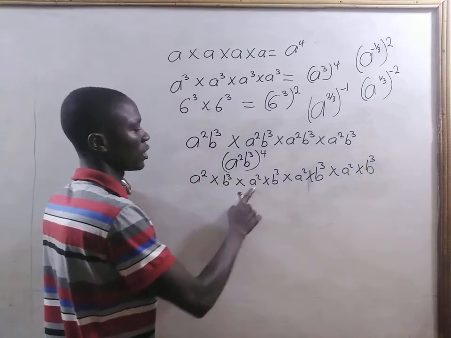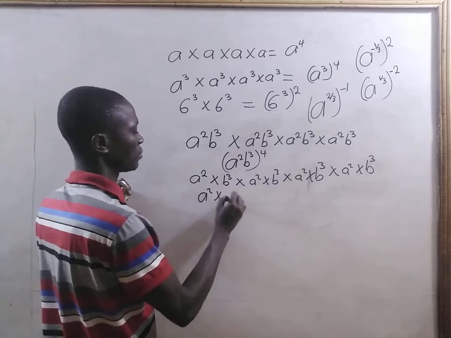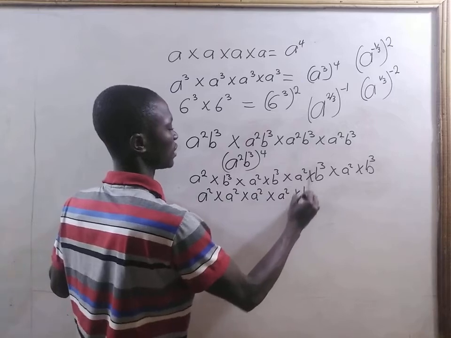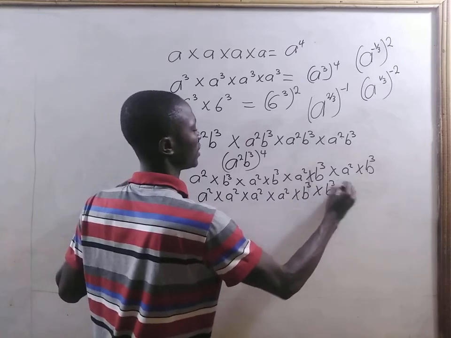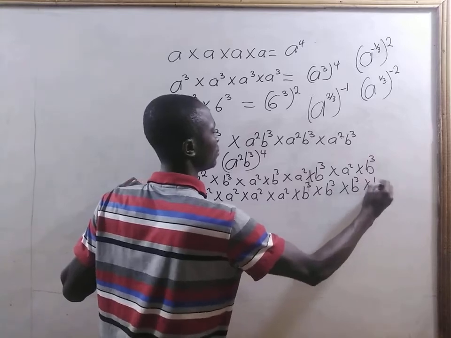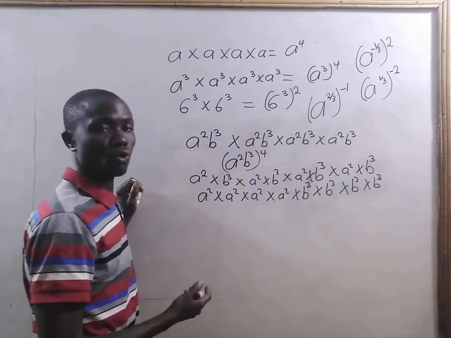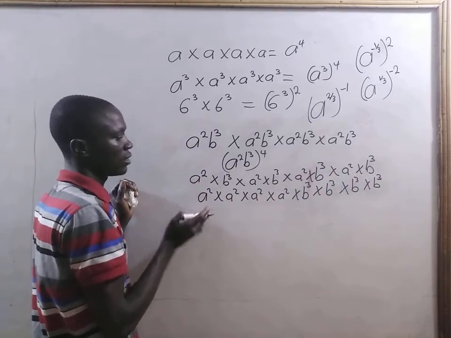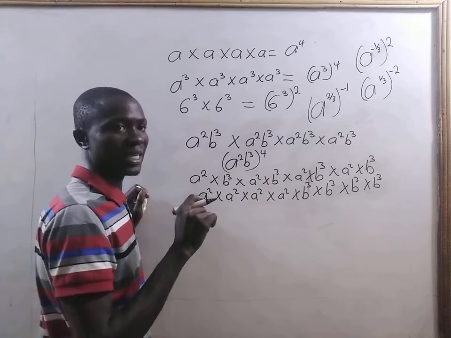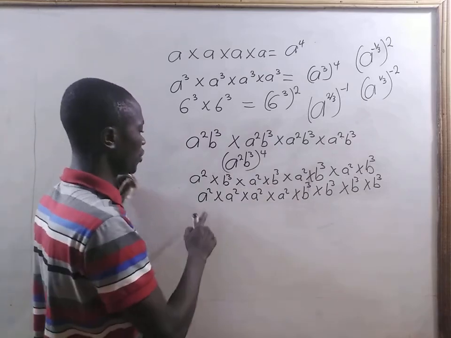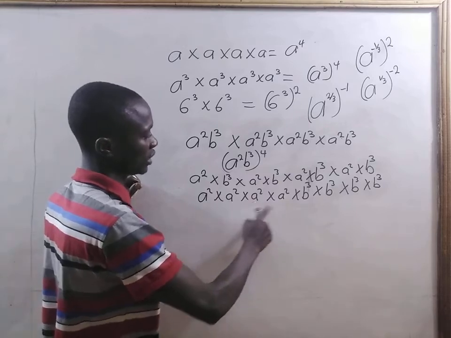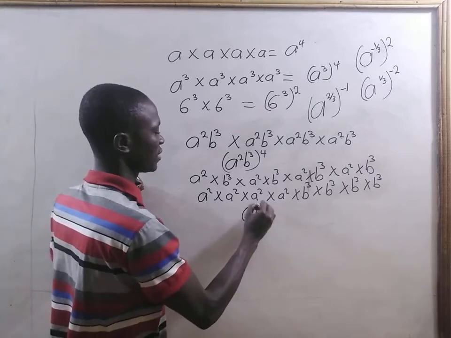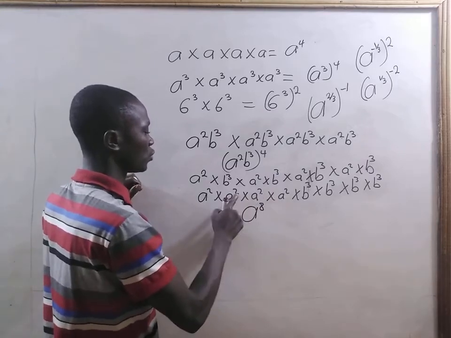And we can multiply the a power 2's together to get a power 2 times a power 2 times a power 2 times a power 2 times b power 3 times b power 3 times b power 3 times b power 3. Multiplication is commutative and associative. So if we bring all the a's together, we can multiply them together. So from the first law of exponents, that is the product law, we have a squared times a squared times a squared times a squared, and that will give us a to the power 8. We are going to have 2 plus 2 plus 2 plus 2.